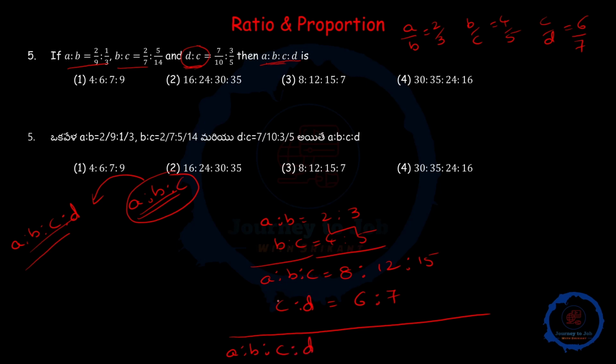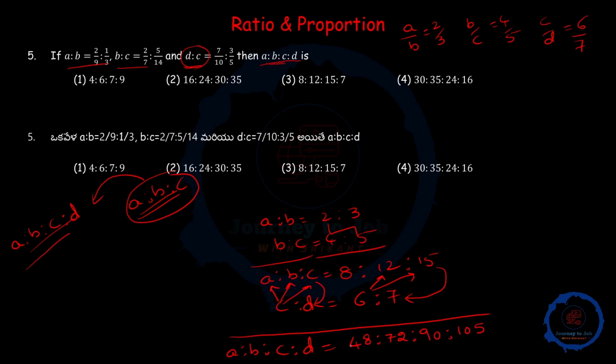How to do it: multiply with c, multiply b with c, multiply c with c, then multiply c and d. Okay, so 8 into 6 is 48, then 6 into 12 is 72, 6 into 15 is 90, and last 15 into 7 is 105.